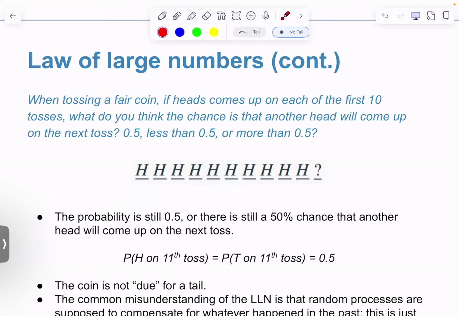Here is where you have to be really, really careful, because even though it looks like this slot can't possibly be heads, this is what we call an independent event, an independent random process. So the coin doesn't care about what happened in the last 10 tosses, 100 tosses. It's just always 0.5.